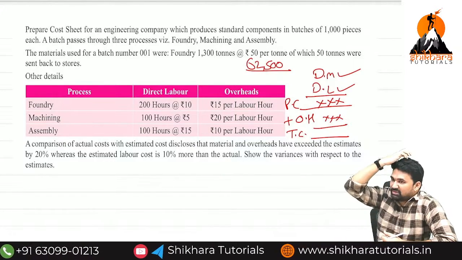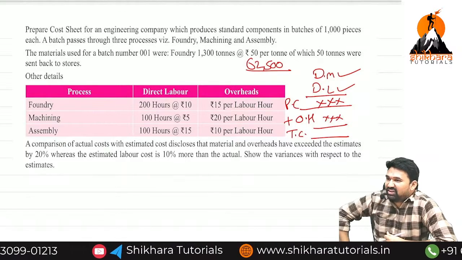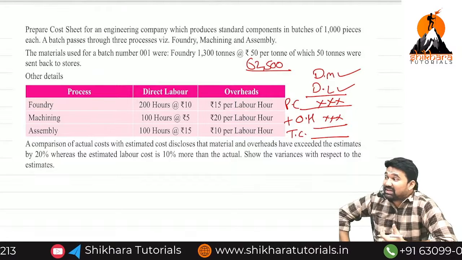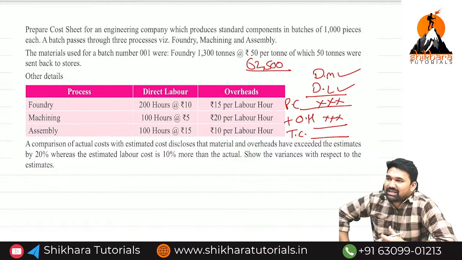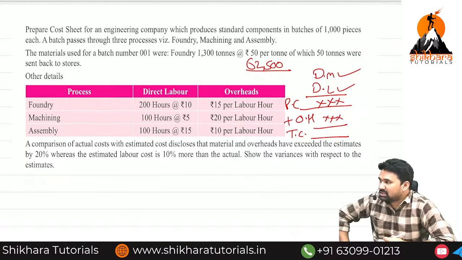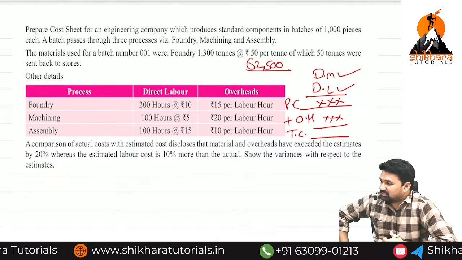Positive situations will be denoted with F. F means favorable. For your better understanding, I am saying profitable situation. A means negative, loss, adverse situation.